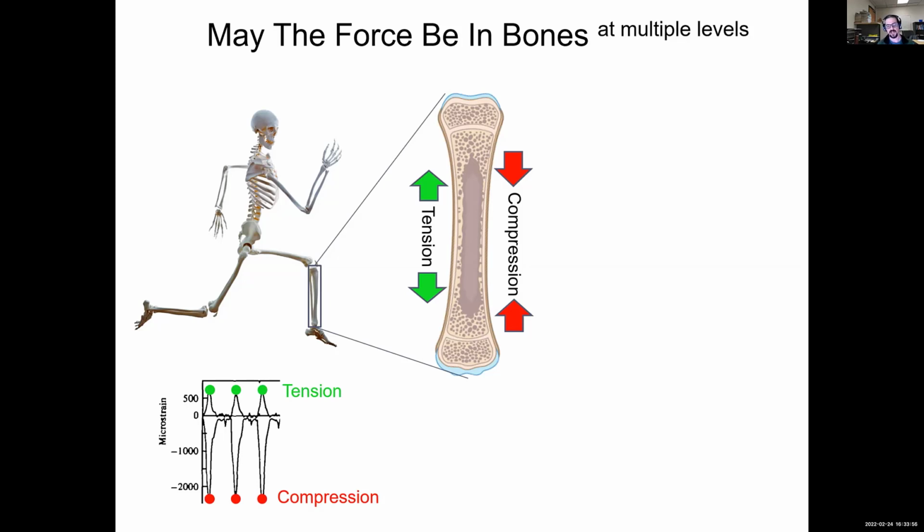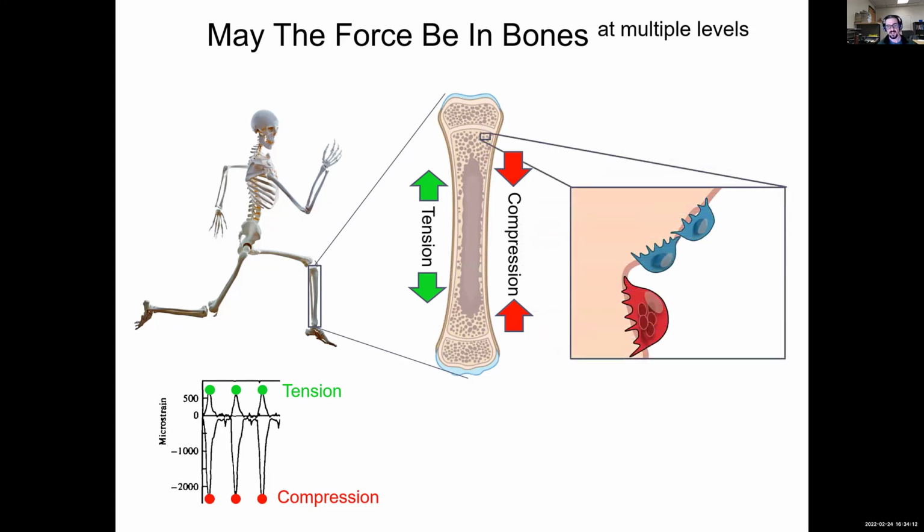If you imagine that you're doing this at about 2 hertz, you have this dynamic compression-tension environment happening in the bone. And since there's lots of fluid both inside and outside, there's lots of fluid flow and accelerations. So if you think of a cell sitting on one of those surfaces, they get these complex loading environments that change how they function.